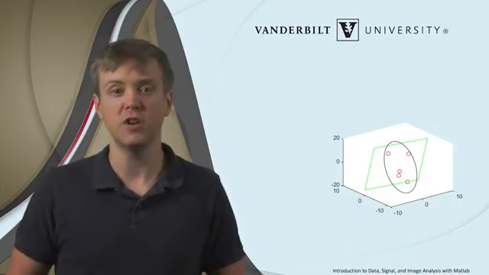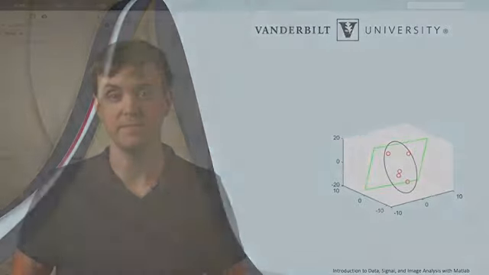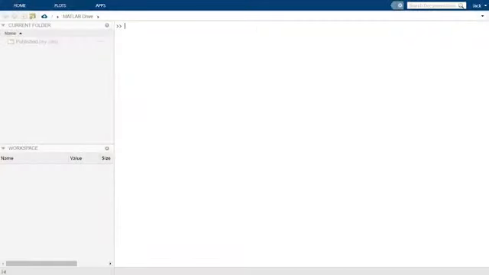To gain intuition on how this works, let's consider a two-dimensional example. Let's define a 2D data set with 4 samples as D equals [5.5, -4; -1.5, 2; -9, 2; 5, 0].